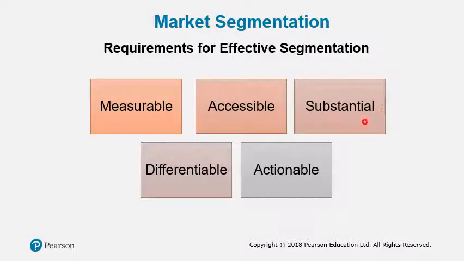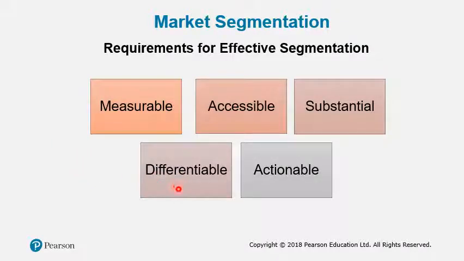Substantial, in the way that of course it must be profitable. Differentiable, in a way that that particular segment is different from another segment. You can differentiate them like kids and adults, so you can actually tell and identify them by the look of them.